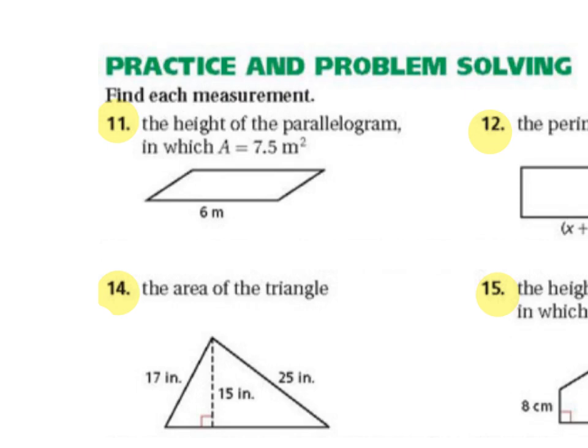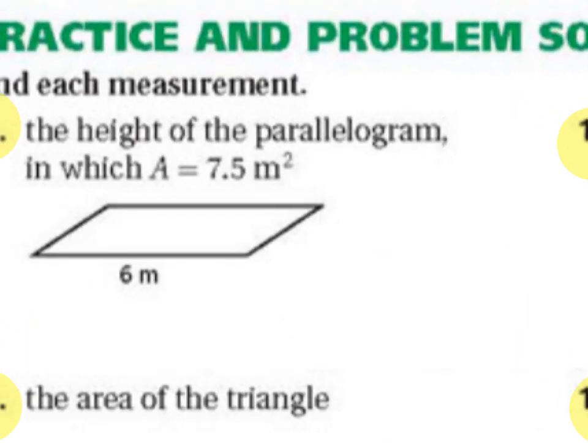So number 11 asks us to find the height of the parallelogram in which the area is equal to 7.5 meters squared. So first we need to know the area of a parallelogram, which is base times height. And now we can just plug in the area and the base since that's given to us. So the area is 7.5 and the base is 6.